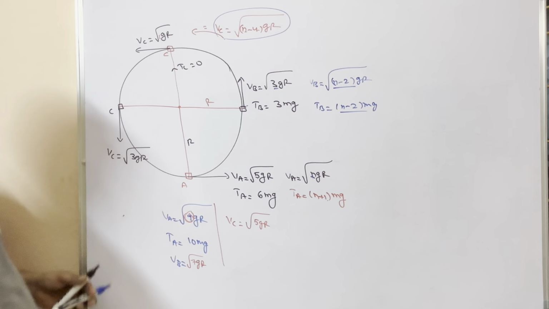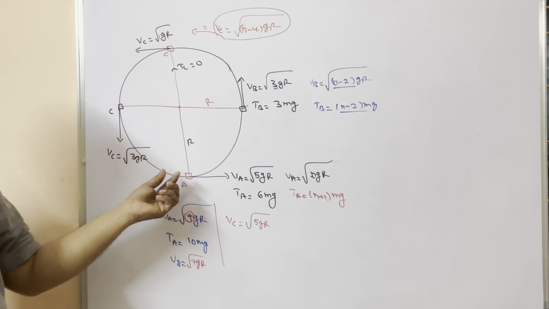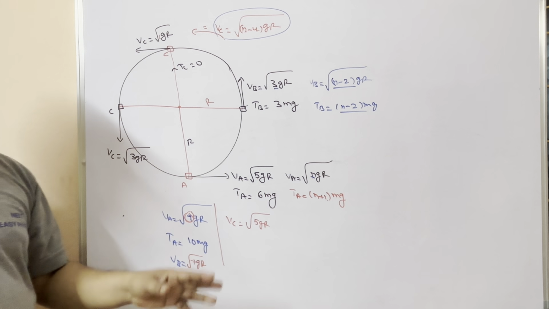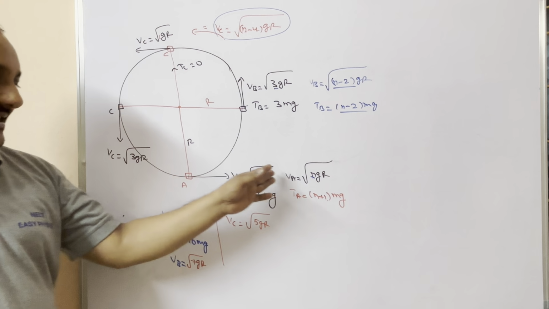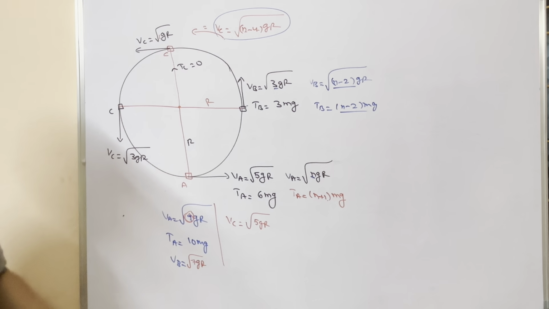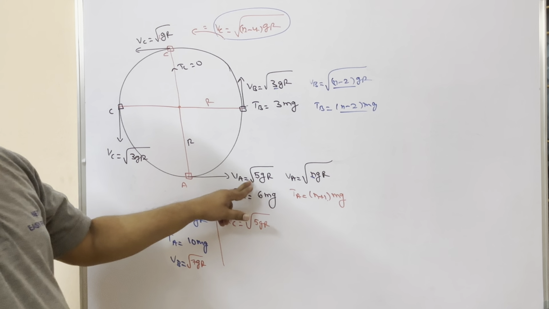5gr. So to complete a vertical circular path, what should be the velocity at the bottom? That is going to be root 5gr. If it is less than that, it will not complete; it will go somewhere and come backwards. In problems, we will discuss this very important one.